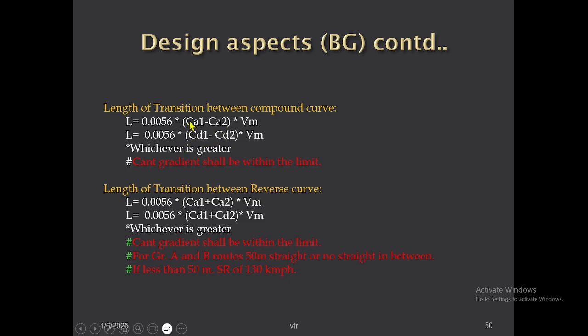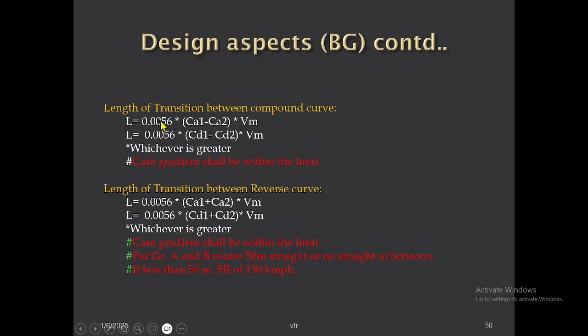That is because of some space constraints, some obstructions, you will not be able to provide one single curve of same radius. Then one curve 1 degree, then second 1.5 degree, sometimes may be there. That is the case, at the junction and the joining point, and we have to join the curve by providing suitable transition.